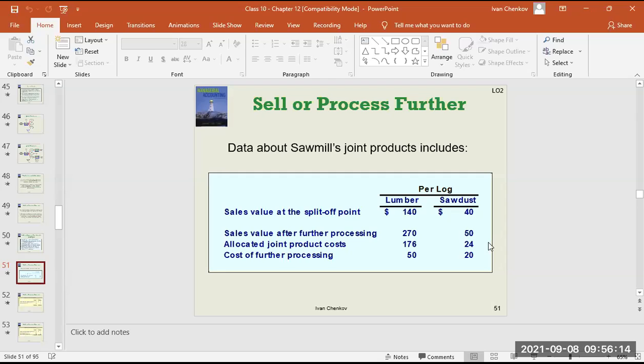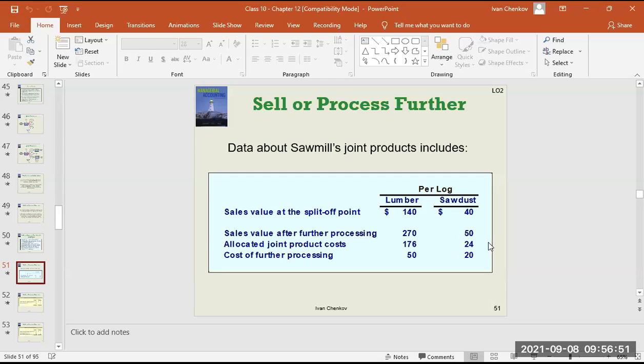However, the cost to process further, the cost of converting from 140 to 270, is $50. So I'm generating a $130 positive increase in the sale value, but I have to spend $50 to do that. Obviously, the cost is less than the increase. So 130 minus 50, I'm going to generate here easily $80.